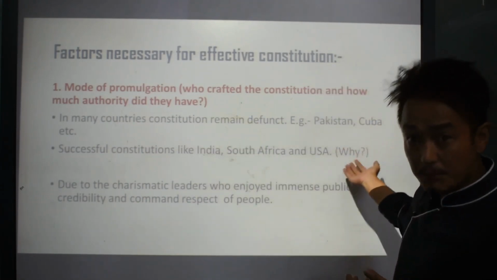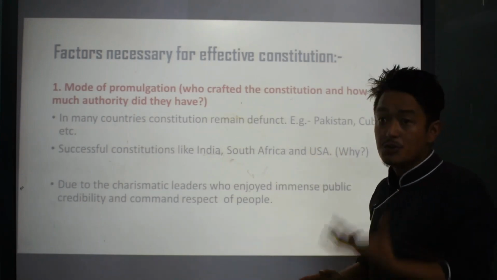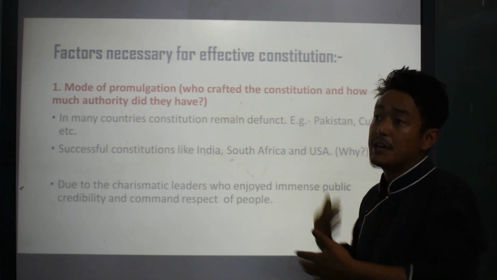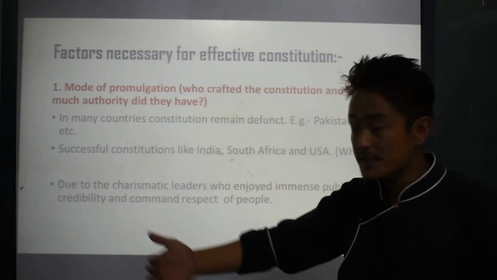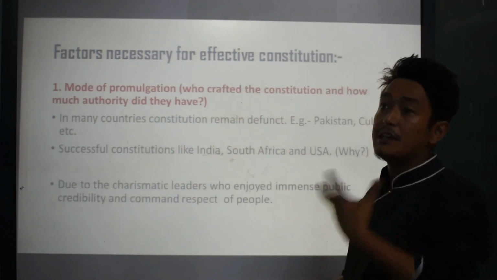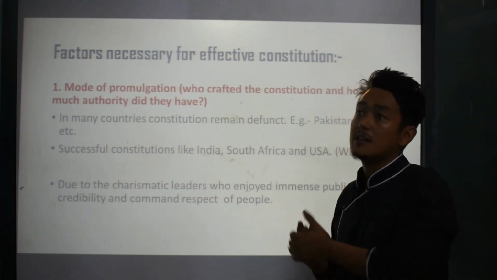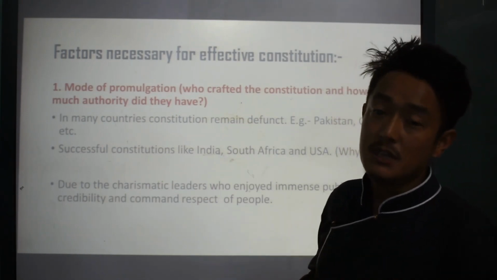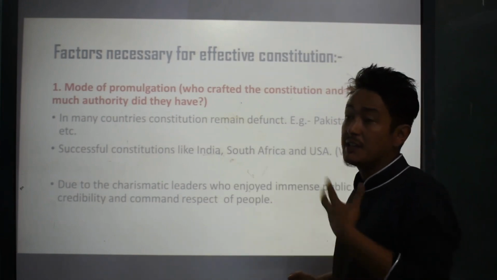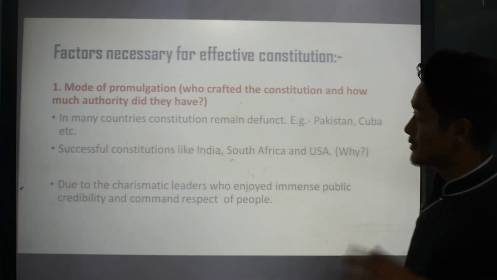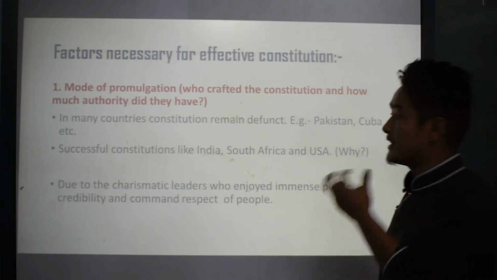For example, in Pakistan and Cuba, the constitution remained very unstable and very weak. It was not able to generate authority over its citizens. So many leaders came over and abolished or subverted the constitution and declared themselves as leader. Many generals came throughout history and dictated.